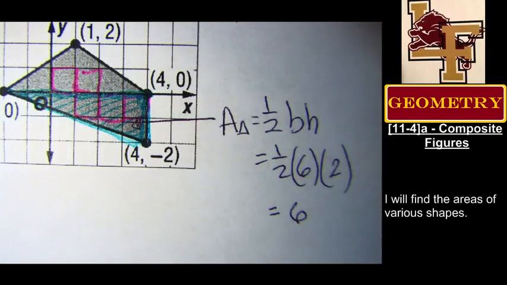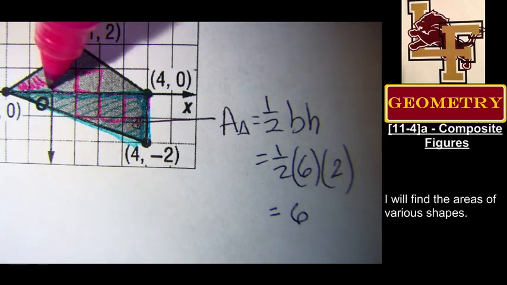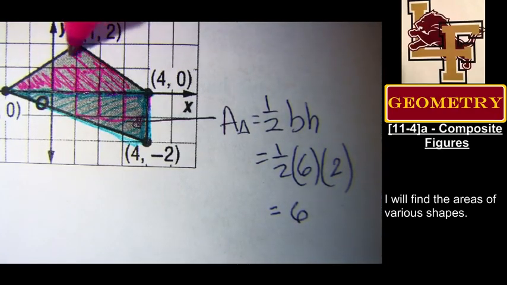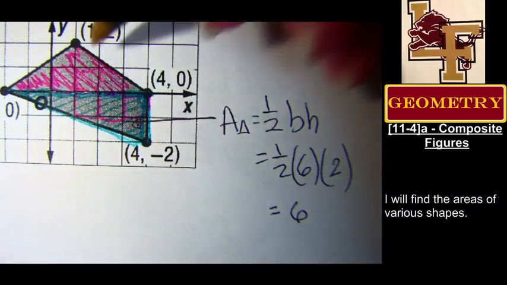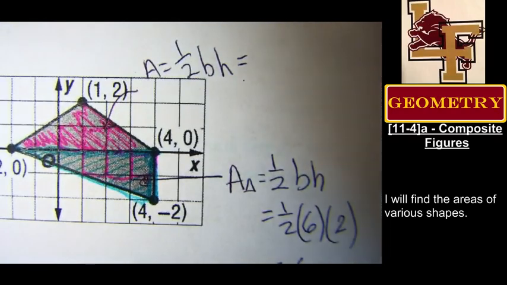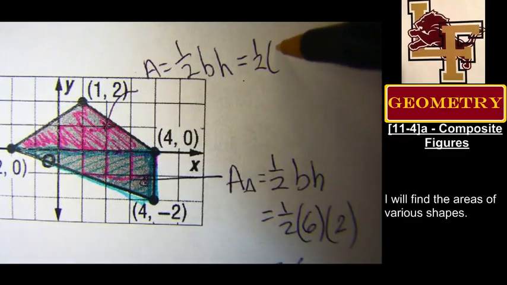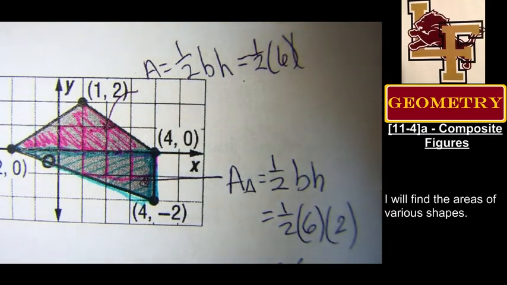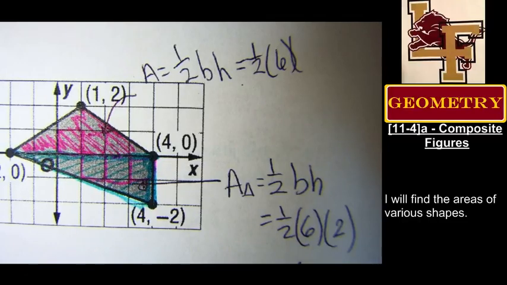Which leaves us with this thing up here. Another triangle. What's the formula for the area of this triangle? The exact same thing. What's the base of that triangle? 6. Also 6. What's the height of that triangle? 1, 2. 2.